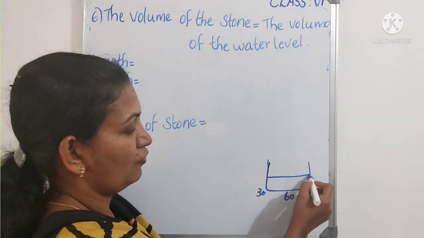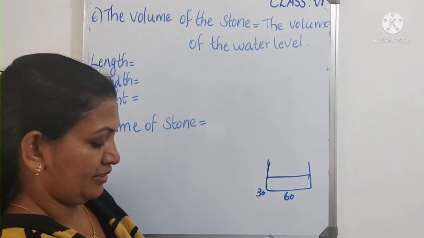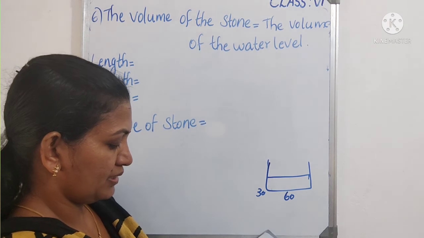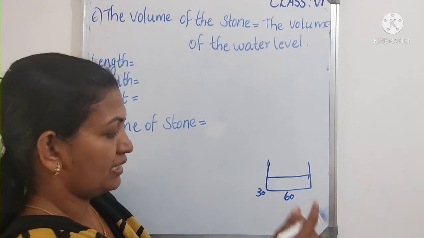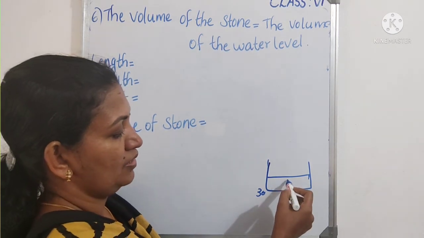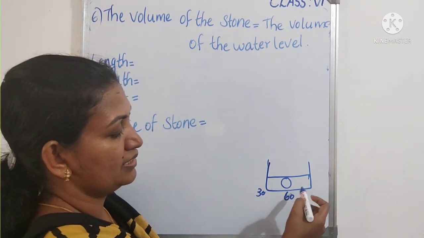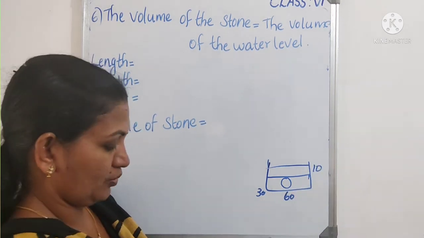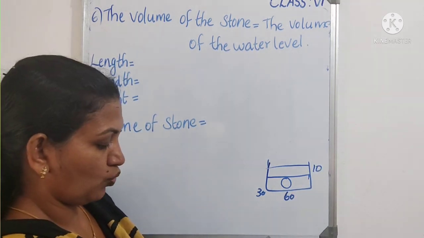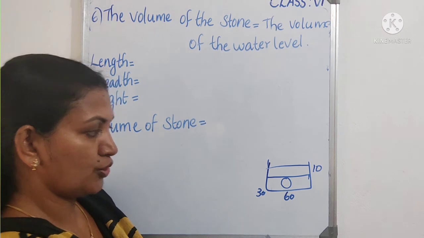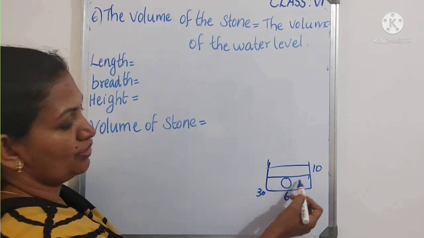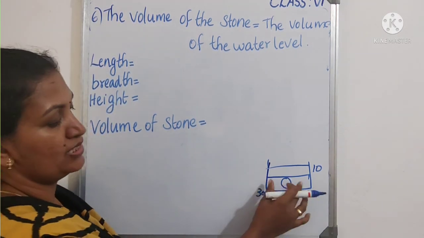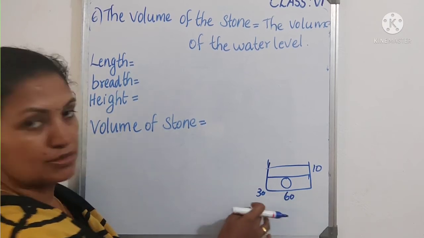When a stone is immersed in it, the water level increased by 10 cm. So what is the volume of the stone? We have to find it using this measurement.